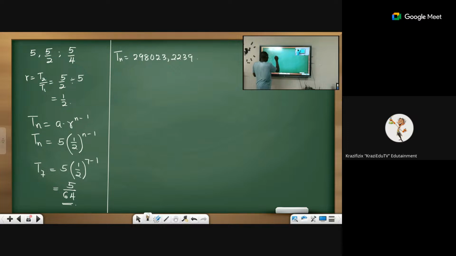All right, so we know what our TN is. What's our TN? 5 into half to the power n minus 1 equals 298023. Okay, what do we do? Let's divide both sides by 5. So what do we have? Half to the power n minus 1.